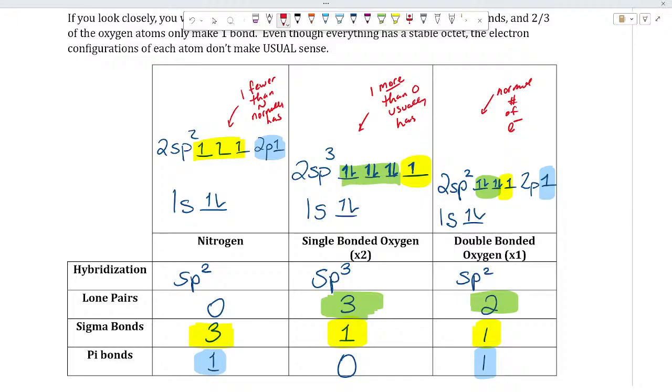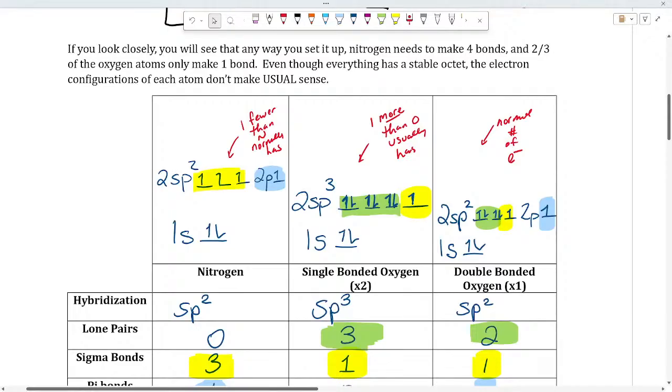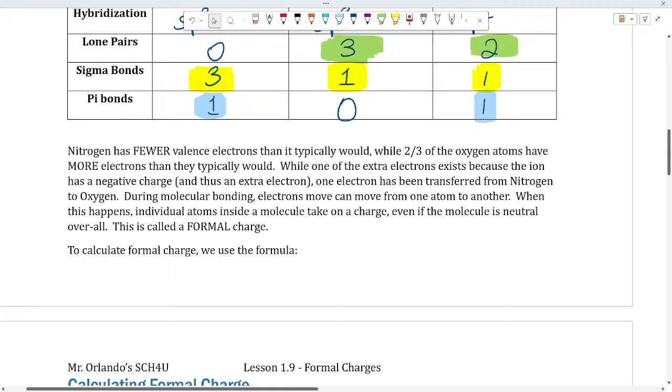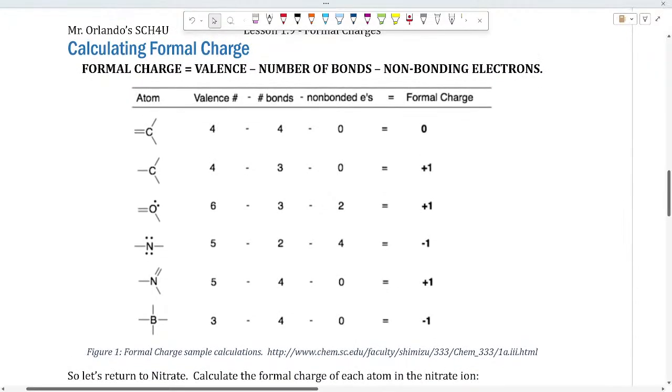Okay. So now we're just going to formalize that. Everything we just said with words, formal charge is just doing that, but mathematically. We're just going to define how many electrons each thing has normally. So we're going to talk about how we calculate formal charge. To calculate formal charge, we use this formula. And let's take a look down here. The calculation is this.